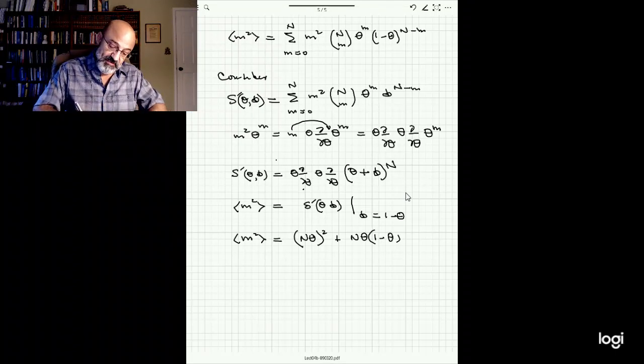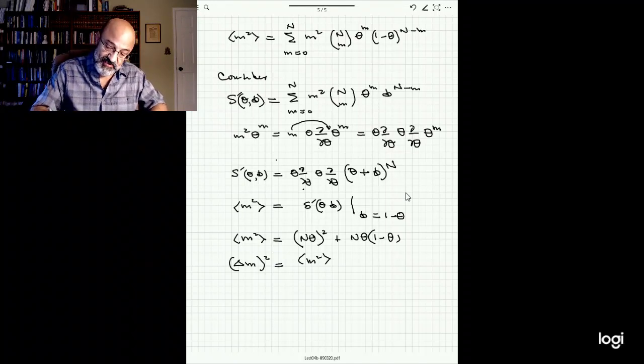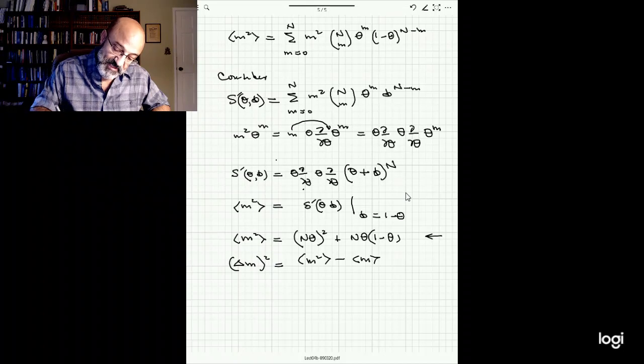The variance is the expected value of m squared, which is the expression we have here, minus the square of the mean, which is exactly this first term. So for the variance, we get n theta (1 minus theta).